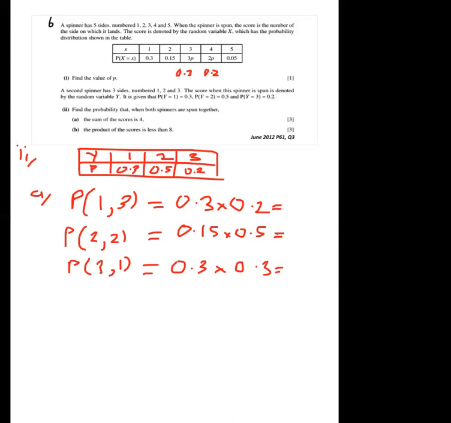The first one is coming 0.06. Second is coming 0.075. Third is coming 0.09. Now adding them all up, 0.06 plus 0.075 plus 0.09 is equal to 0.225.